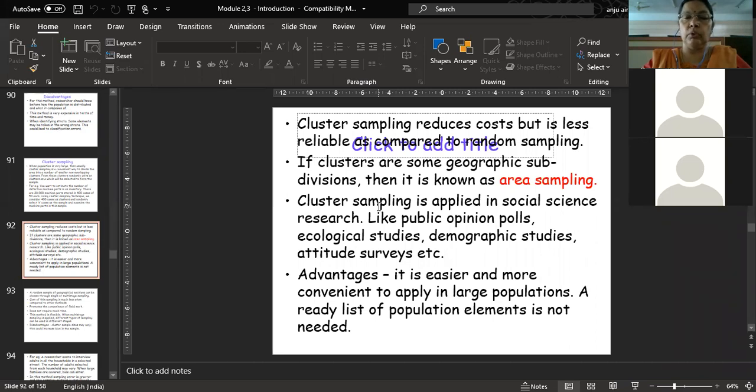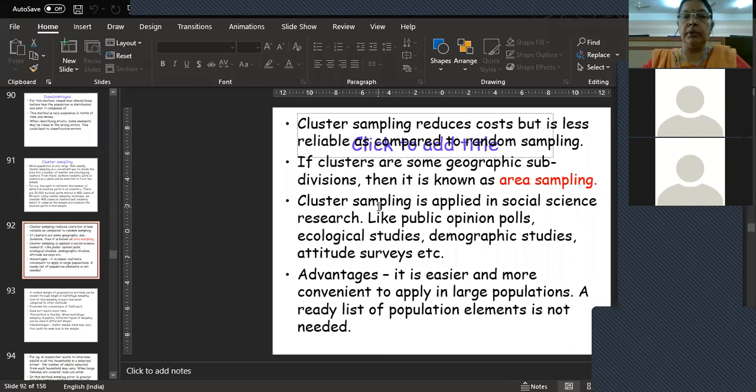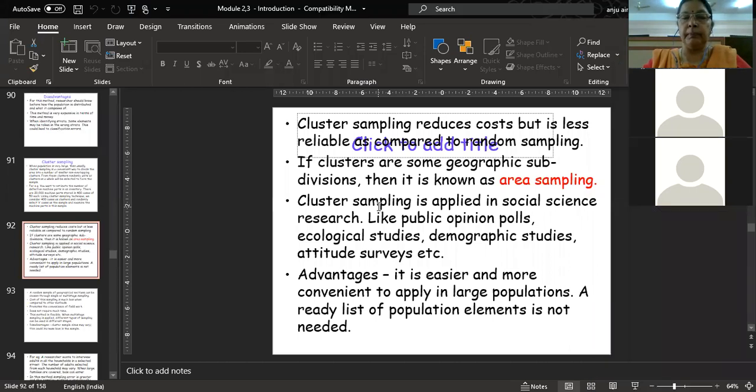Demographic studies, you want to find out what is the change in the population, how many age groups of people are working now, more and more younger age groups of people are working now. So you want to do a demographic research study on that. You will take your sample using this technique. So this is all about the cluster sampling technique.